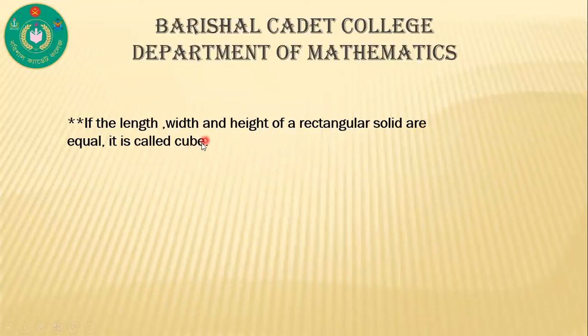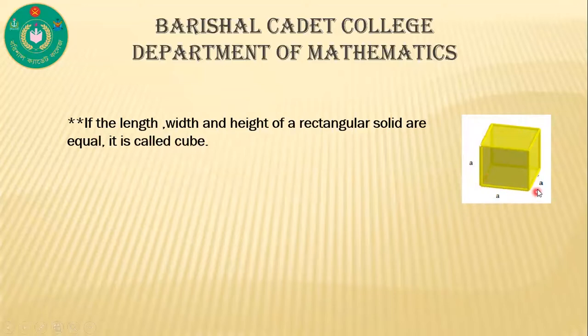If the length, width, and height of a rectangular solid are equal, it is called a cube. That means the length, breadth, and height all are equal, then the rectangular solid is called a cube.